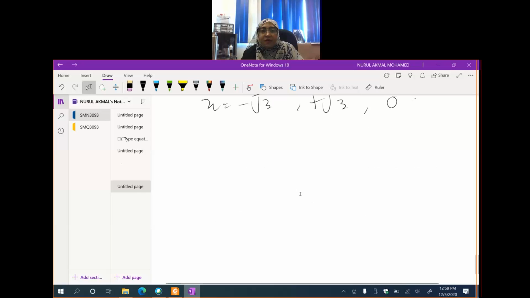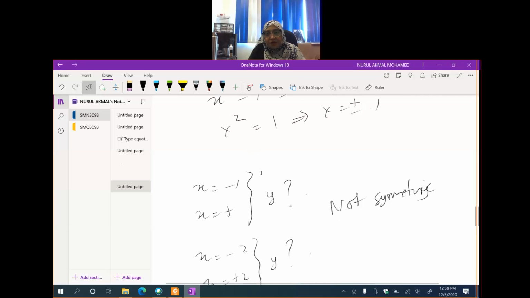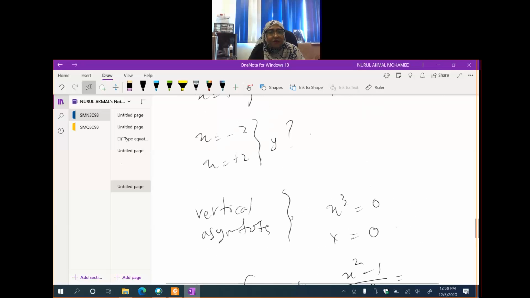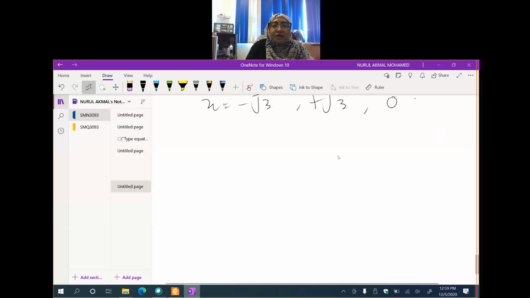Okay, and then in determining the intervals, you have to also include the points for the vertical asymptotes. The vertical asymptote is at x equal to 0, which is also a critical point. So we just have to consider these 3 points.